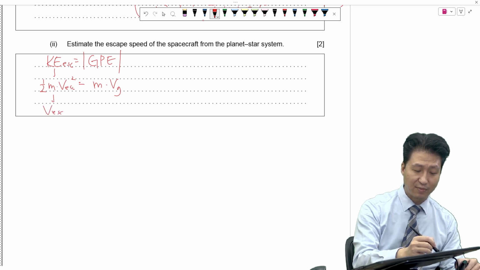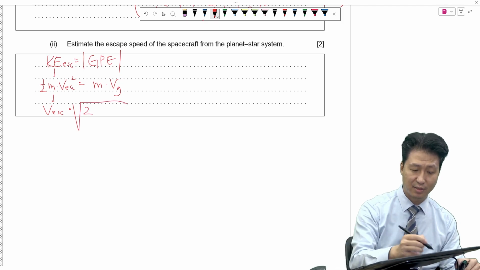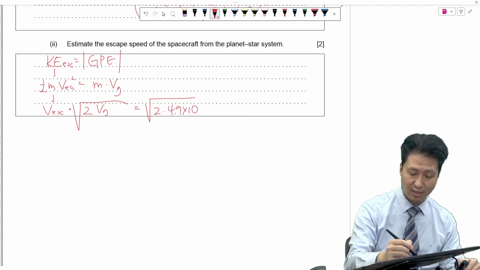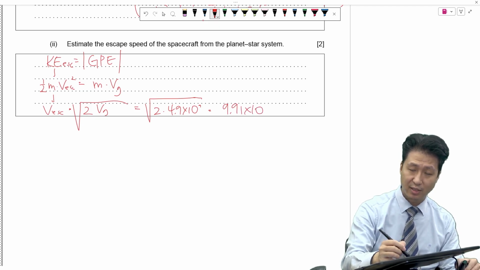Finally, escape velocity is equal to the square root of 2 times the gravitational potential, which is the square root of 2 times 4.9 times 10 to the 9th, which is what we found in the previous problem. And this is equal to 9.91 times 10 to the 4th meters per second.